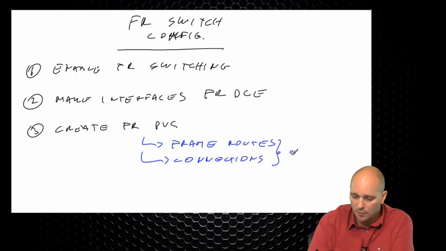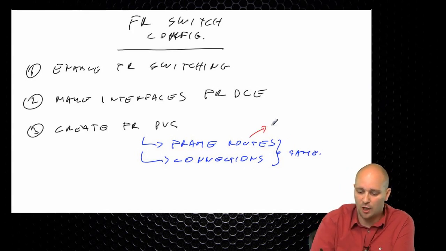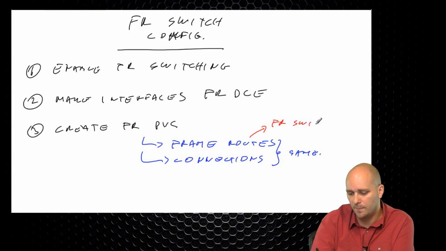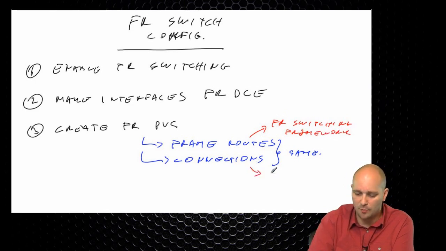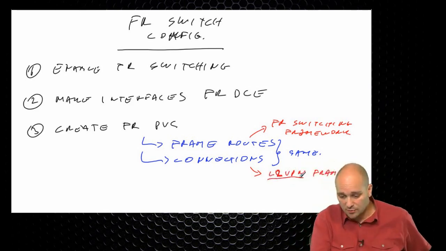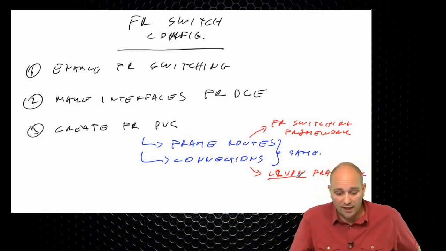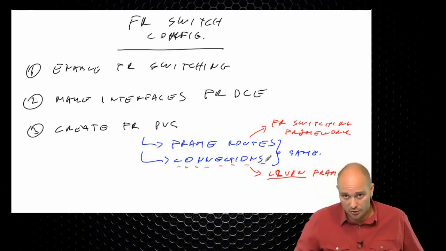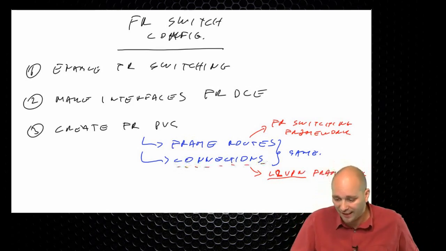They are pretty much the same and provide the same functionality, except that the frame routes are part of the frame relay switching framework, and the connections are part of the layer 2 VPN framework. Now, this sounds scary, I know that, but don't worry, these are actually much simpler to configure. So that's what we are going to be doing next.